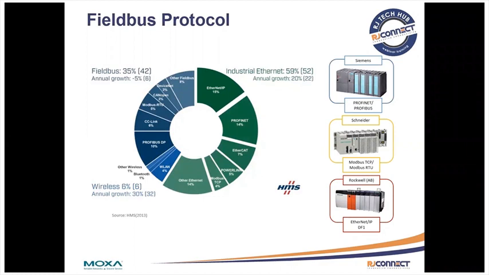However, you do get cards that give the CPU support for Modbus and so on. Schneider, which typically implements Modbus TCP and Modbus RTU, and Rockwell Automation with Allen Bradley's PLCs that use Ethernet IP and DF1.